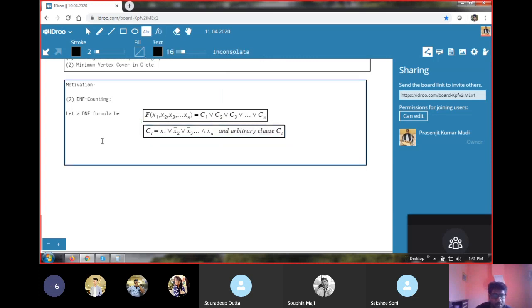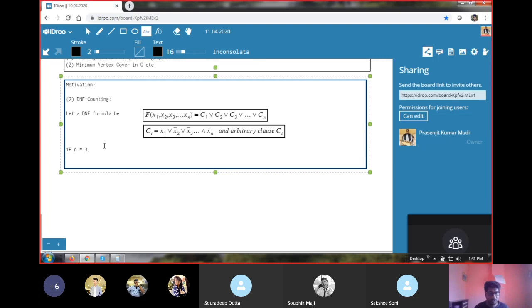Now we can analyze this a little bit. If n equals 3, how many assignments are possible which can satisfy this DNF formula? That number of assignments is called DNF counting.